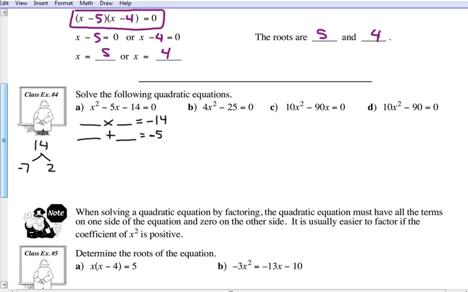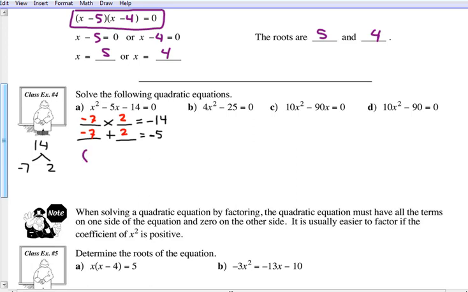The larger one's negative because we want to add to a negative. If we're adding to a positive, then the bigger number's positive. If we're adding to a negative, the bigger number's negative.